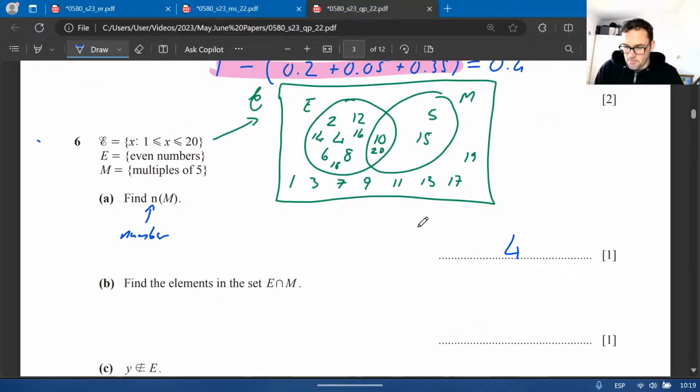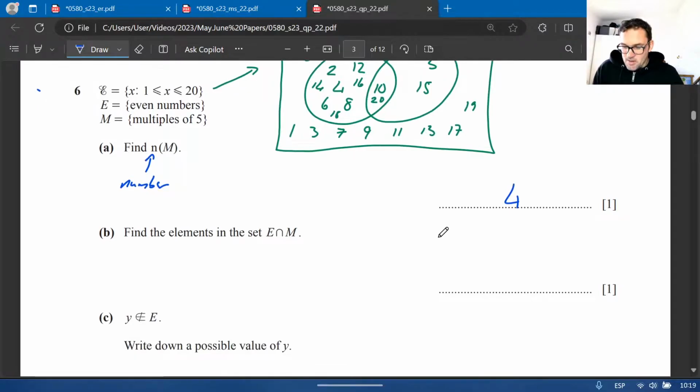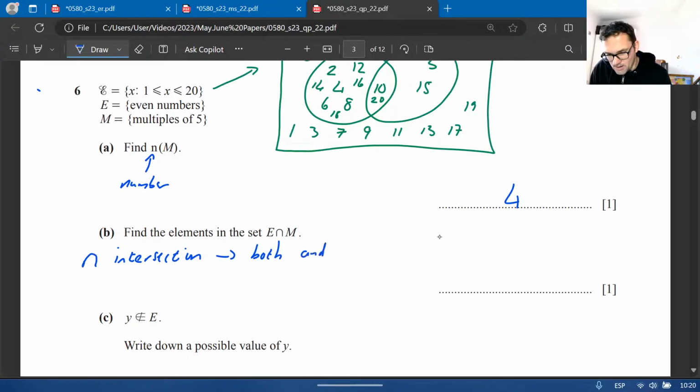Wow, interesting. Find the elements in the set N intersect with M. Okay, remember these things, alright? Intersection means something that is in both. The one and the other. Where the other one, the union, is or.